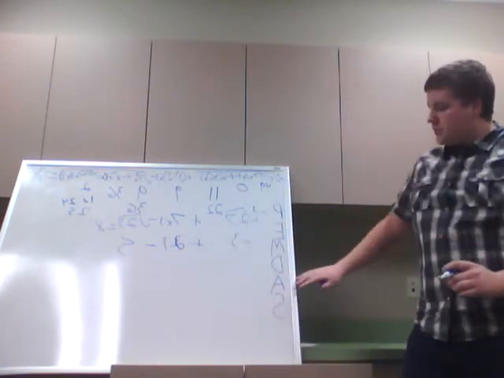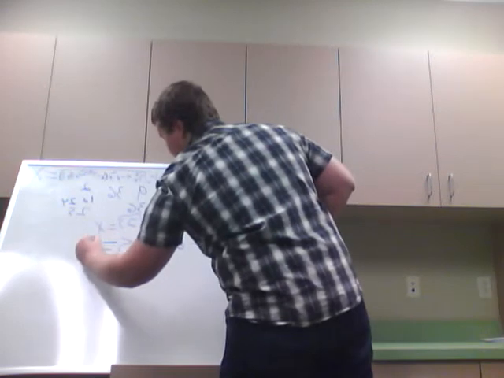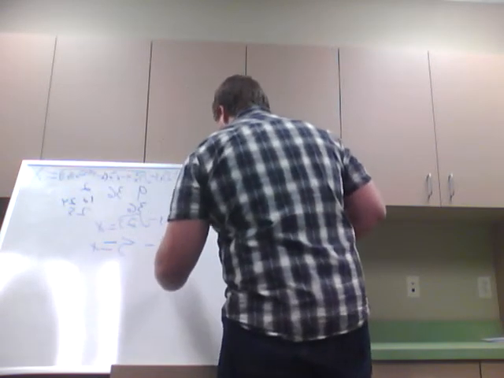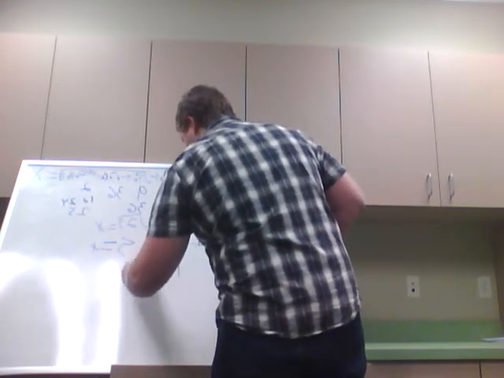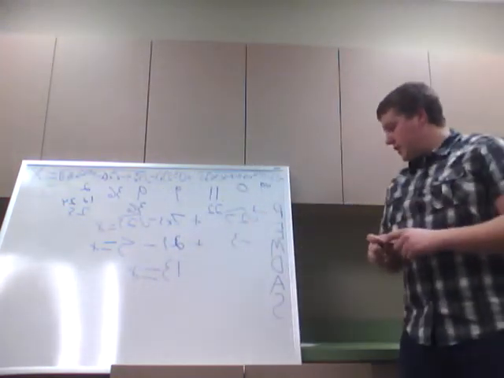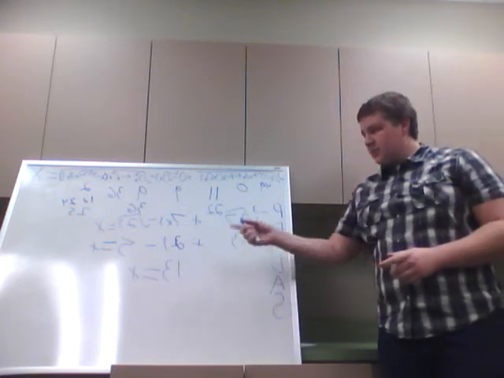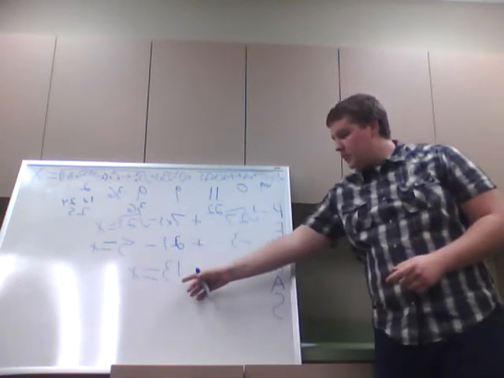And then we can just do addition and subtraction to finish out the problem. And as you can see, by using the order of operations, we find that x, which is the variable we were solving for, equals 13.